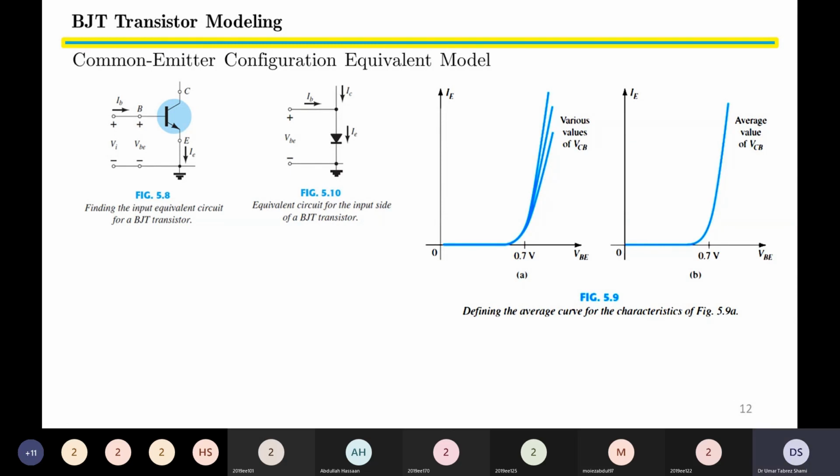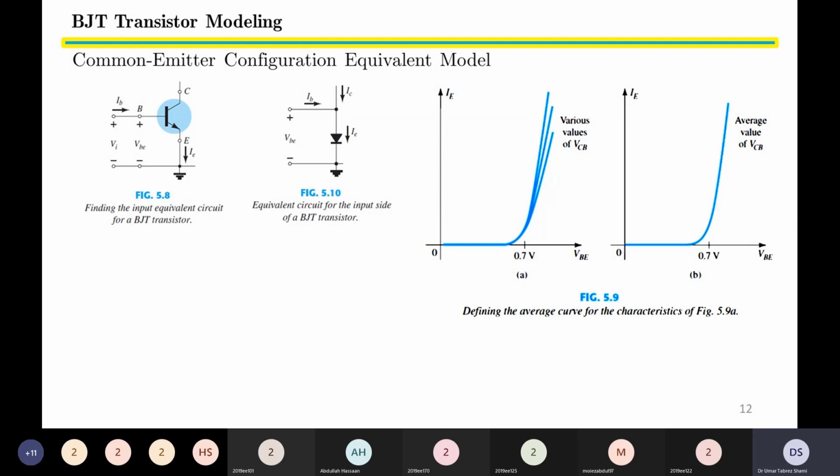Although this is an incomplete model, and we will add more components to the model step by step, in the first step we will consider the base and emitter. Because it is inside the transistor, the base emitter is a PN junction.